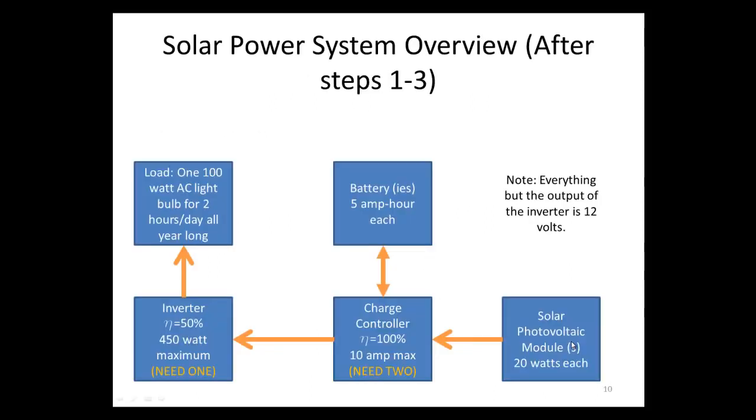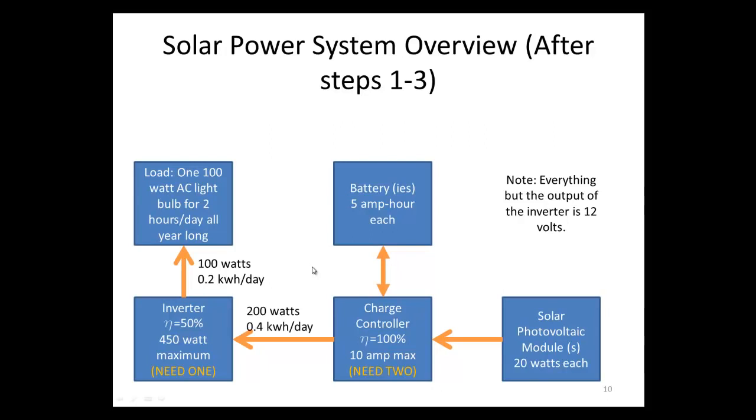Okay, so let's review a little bit what we've done so far. We found that we need 1 inverter and 2 charge controllers. We also found that going to the load is 100 watts when it's on, and that's the power when the load is on, and the energy needed is 0.2 kilowatt hours per day.